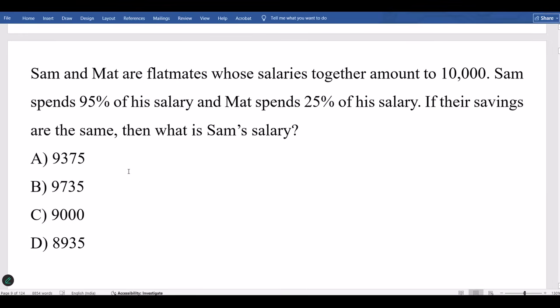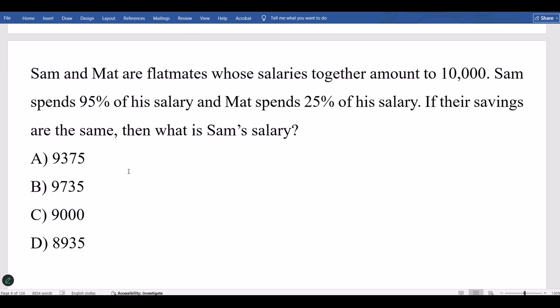Now again percentages. Okay, let's see about this question. Salaries together is 10,000.